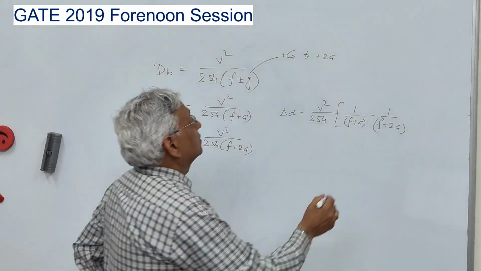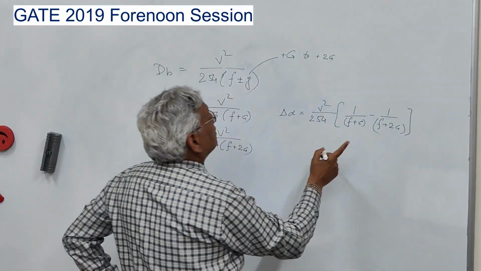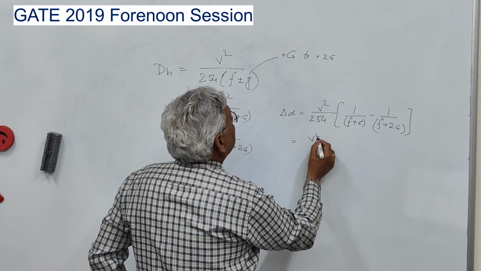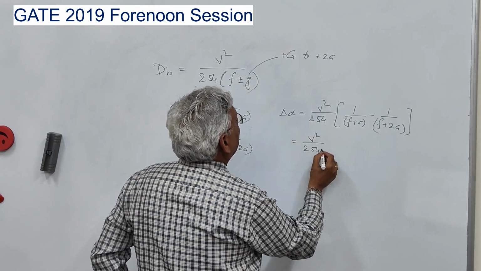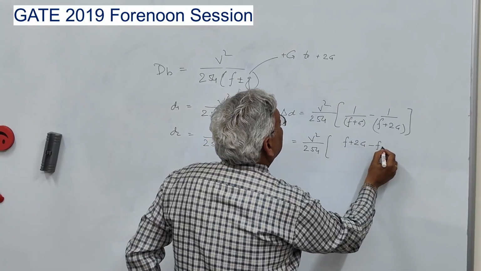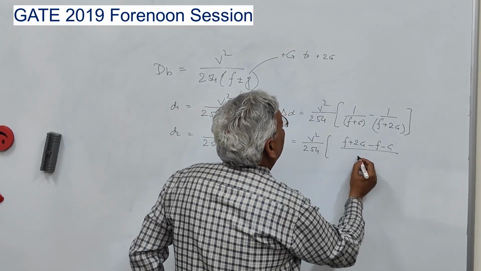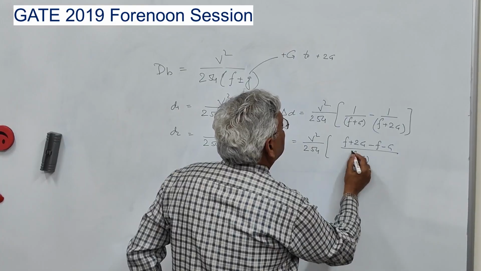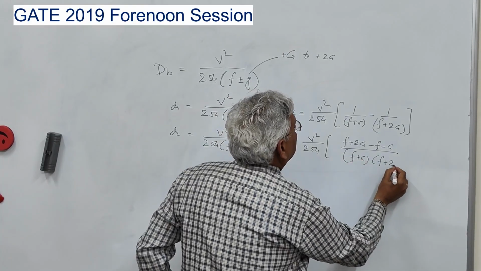That is the distance difference. Or you can say v square upon 254 into (F plus 2G minus F minus G) upon (F plus G) into (F plus 2G).